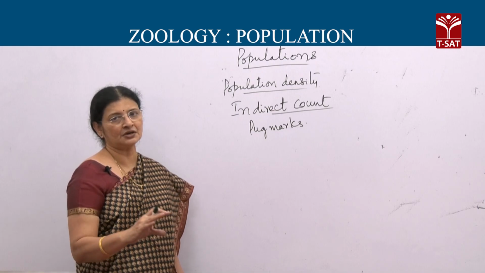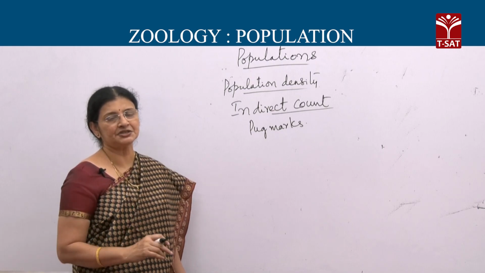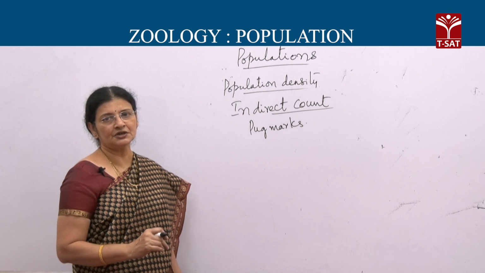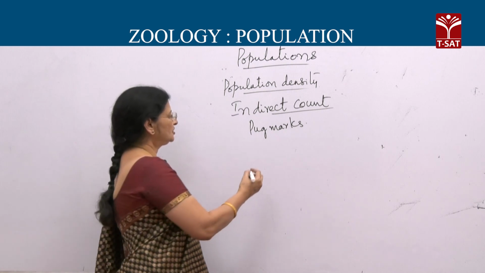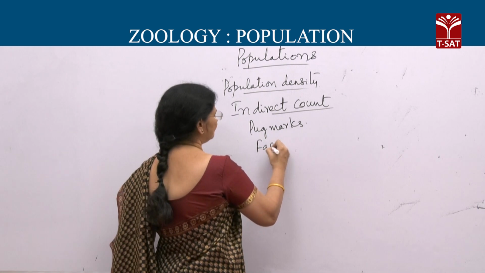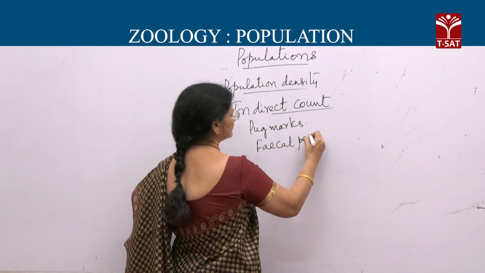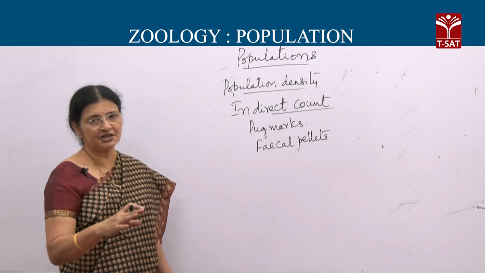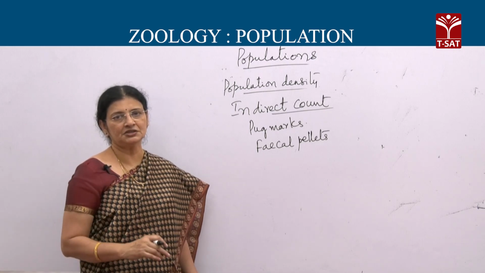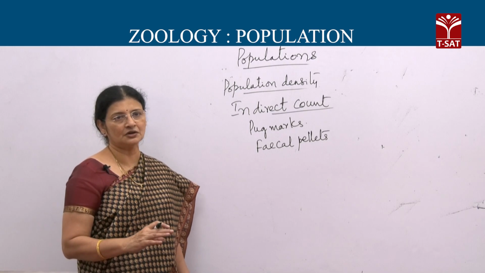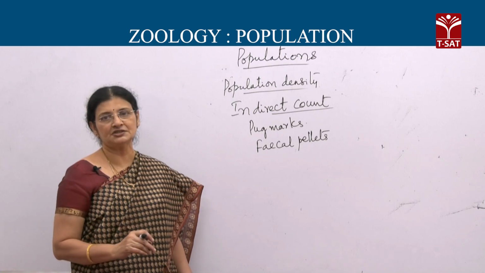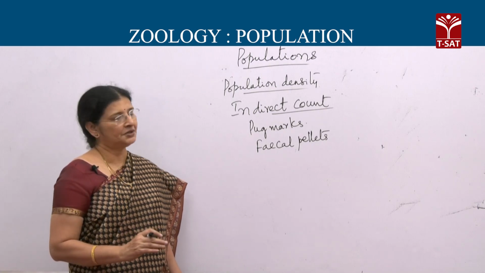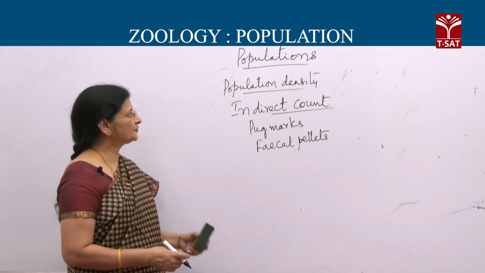Depending on the pug marks, they can estimate the density of the individuals. Or sometimes they take fecal pellets. By observing the fecal pellets in that area, they estimate the density of the population. These are some of the characters.